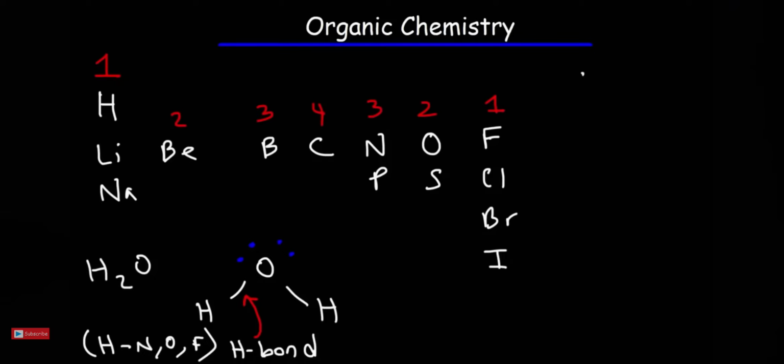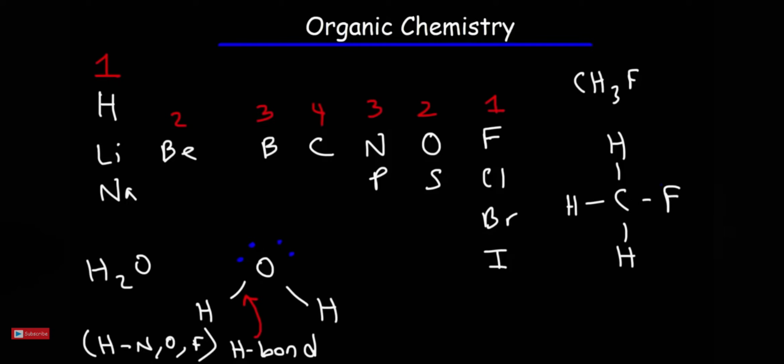Now, let's say we have methyl fluoride. How can we draw the Lewis structure for that molecule? So we know that carbon likes to form 4 bonds, so we're going to put that in the middle. Hydrogen likes to form 1 bond. Fluorine also likes to form 1 bond, so this is the best Lewis structure that we can make.